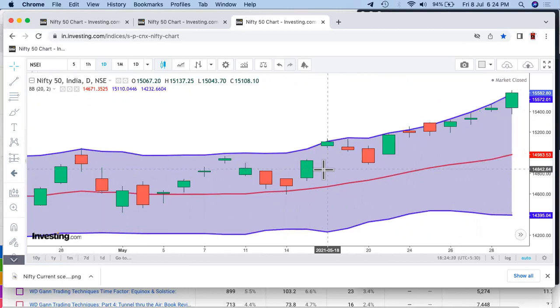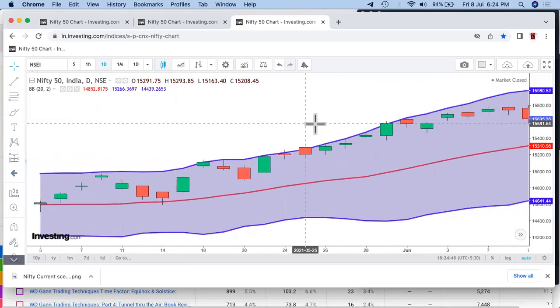Right, the high was not the high, but the closing, 15108. 15108 was the high, and the Bollinger Band, the blue one which you can see over here, that is 15110.0446. So this closing was not beyond the Bollinger Band, right?